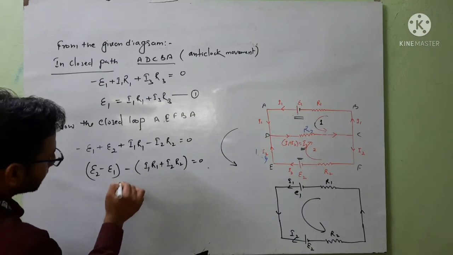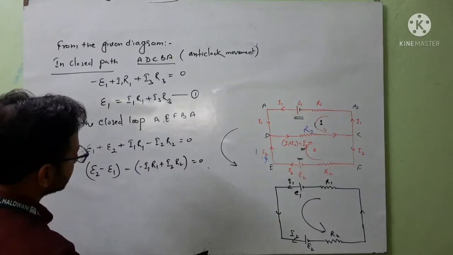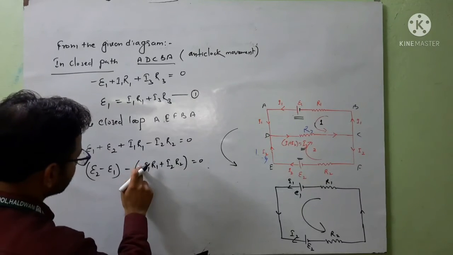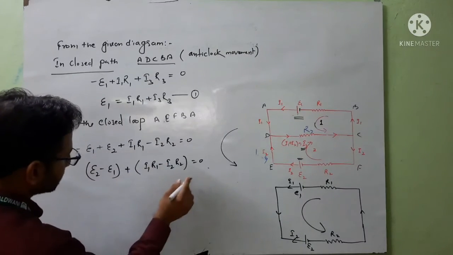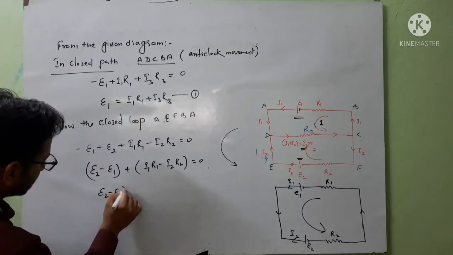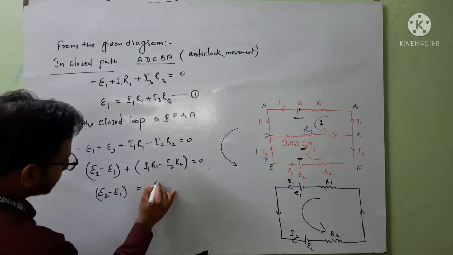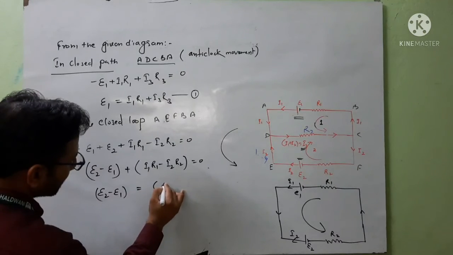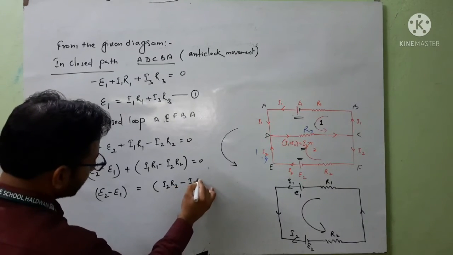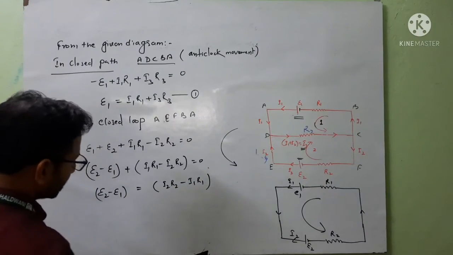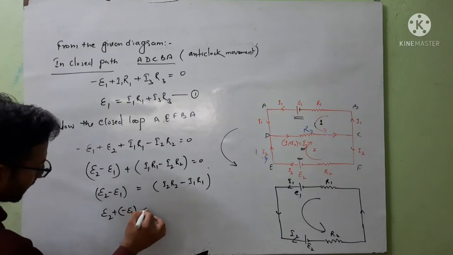This one will be negative, or we can write it like this also: equals I2R2 minus I1R1. If I take the algebraic sum format, it is written like this.